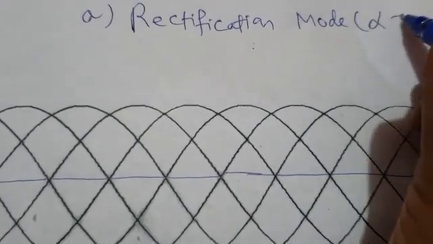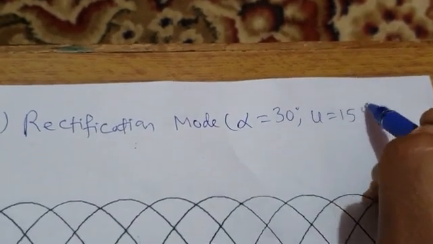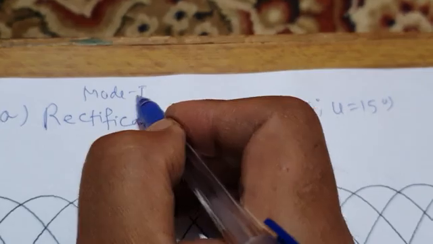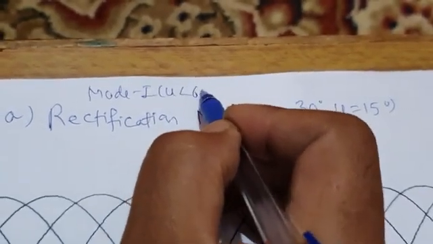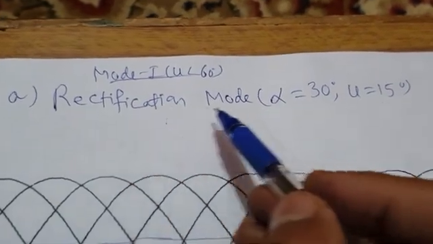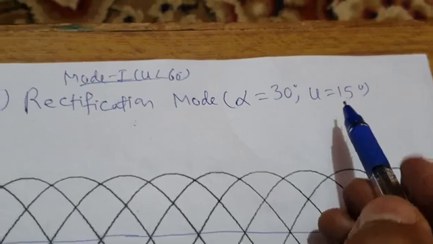So we'll assume alpha equal to 30 degrees and u equal to 15 degrees. So we are considering mode 1, that is u less than 60 degrees. So we have first of all taken the rectification mode of operation, alpha 30 degrees and u 15 degrees.